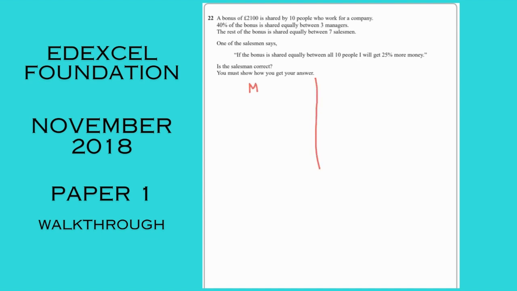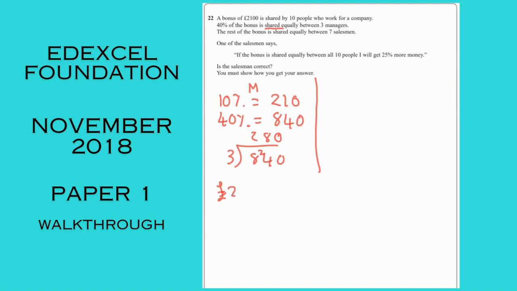So let's look at the managers. 10% is 210, so 40% is multiplied by 4, and it's shared equally. So we need to bus stop it or use mental arithmetic. 3s into 8 is 2 remainder 2. 8 3s are 24. So each manager is getting £280.